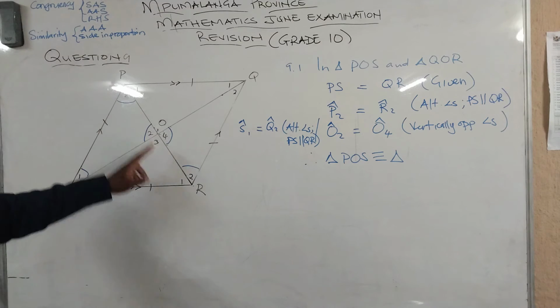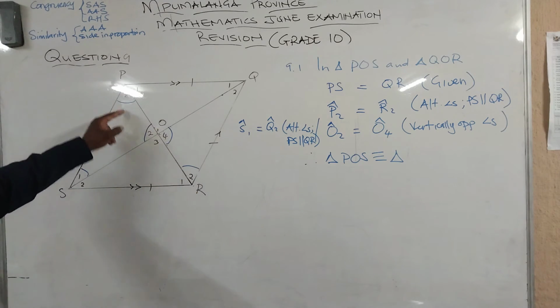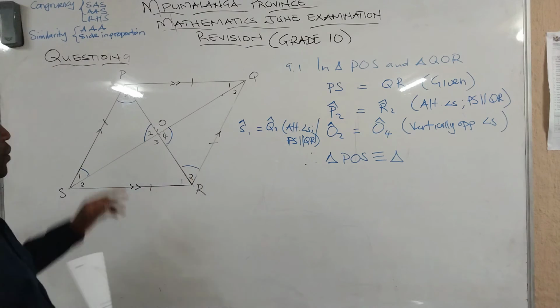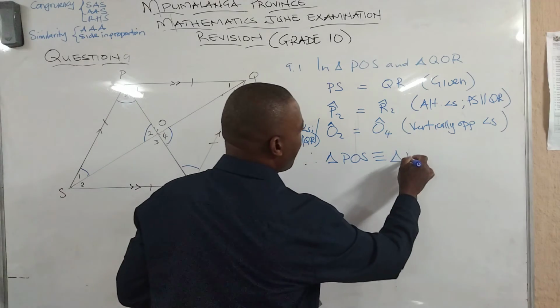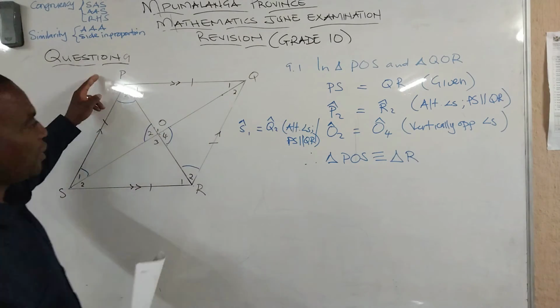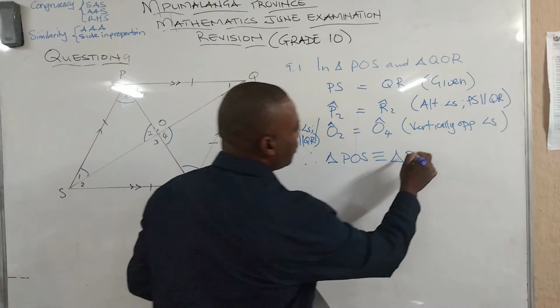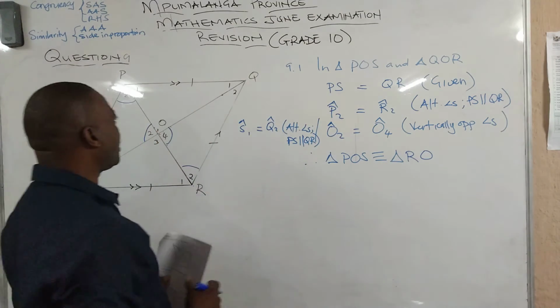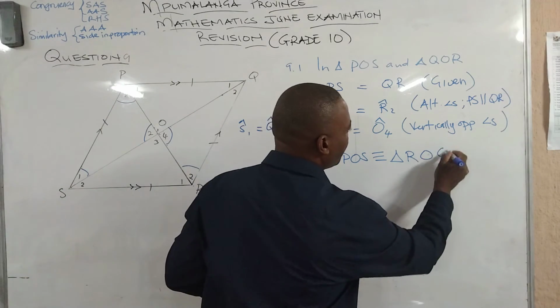When you are at P, you'll be at R. Remember, angle P2 is equal to angle R2. So the positioning P corresponds to R. And then when you go to O, you will be also coming to O in the other triangle. And then when you go to S, definitely you'll be going to Q.